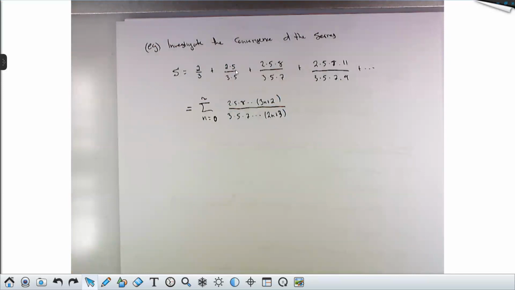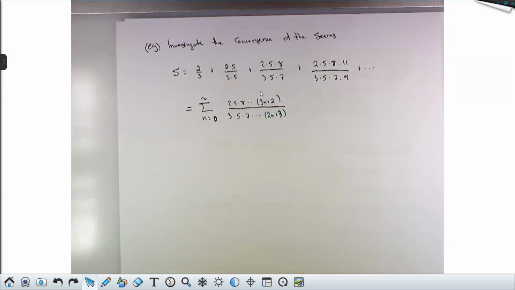Those are 2 and 5. And here you just have the 3 and 5. So this notation doesn't just mean these things. It means the product of these things up to this form. And this is a little bit sneaky. It's not entirely obvious to see what you're going to get here. There is some overlap between numbers of the form 3n plus 2 and numbers of the form 2n plus 3.